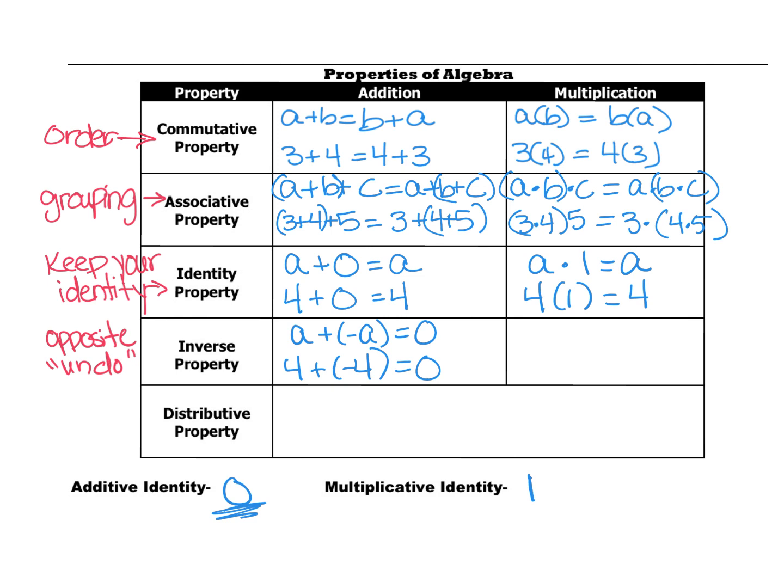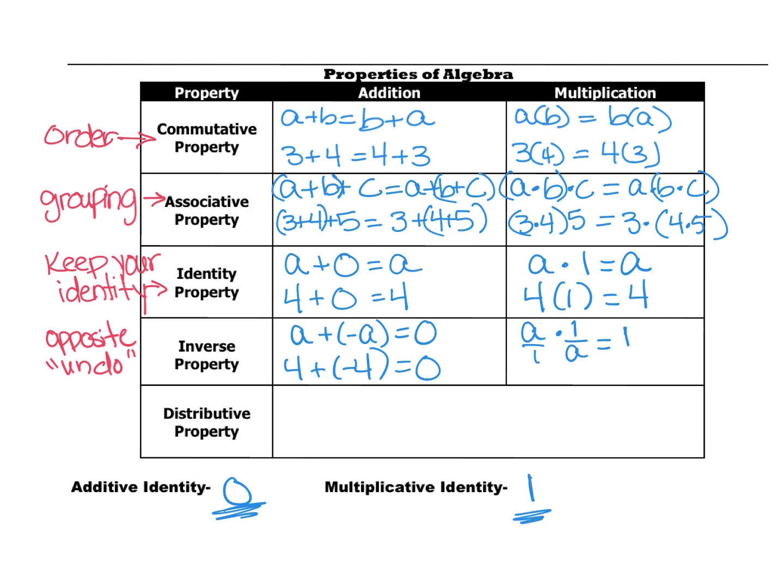All right, so then we're going to multiply ourselves to undo. So if I had something like a times the inverse, which is 1 all over a, then I could multiply. I would have a times 1 is a, 1 times a is a, divided by a is equal to 1.